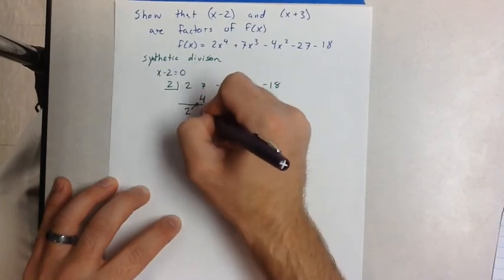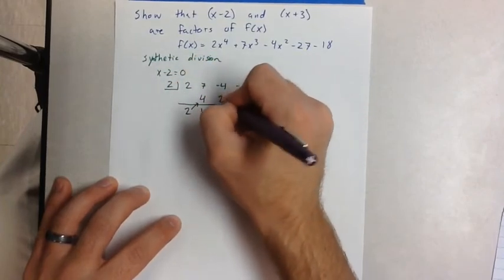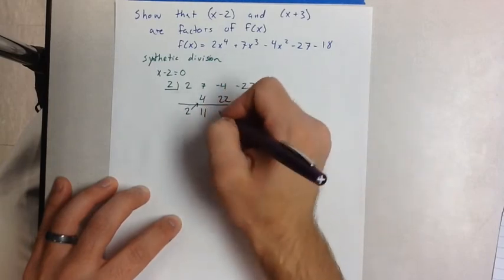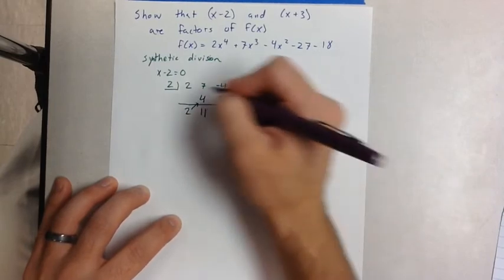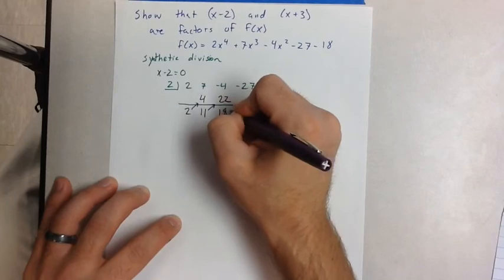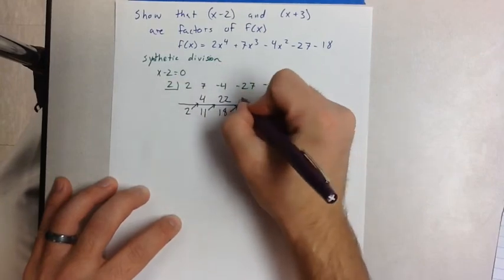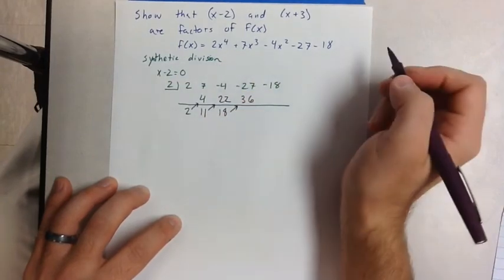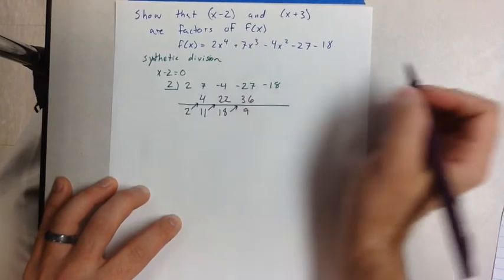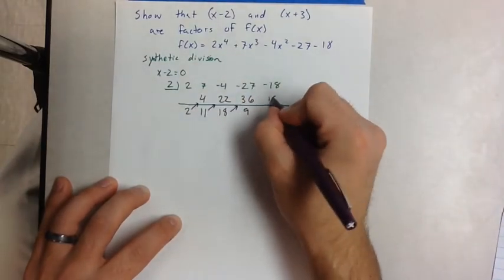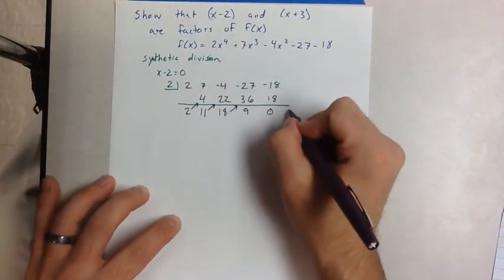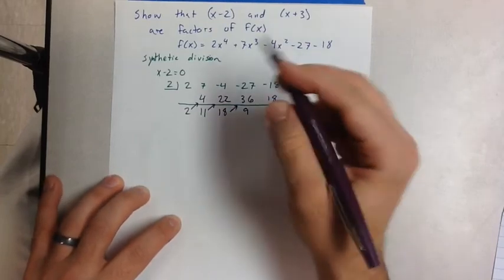Then we get 11. 2 times 11 is 22. Then we get 18. 2 times 18 is 36, which gives us 9. And positive 18, which gives us 0. That's good. That's awesome. So this is a factor.